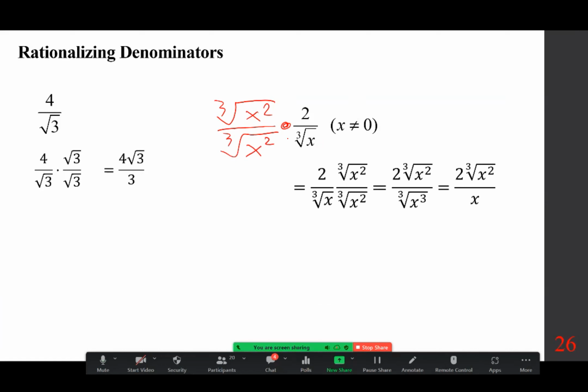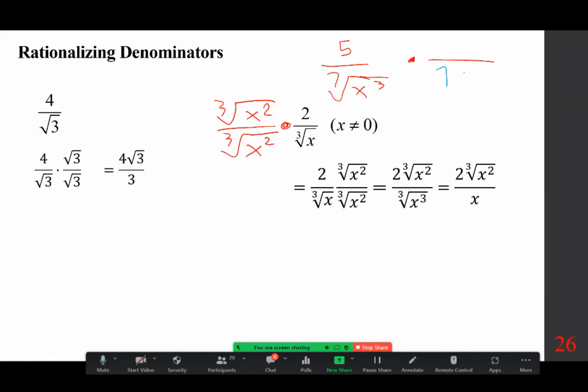Okay. I'm not going to do this, but I'm going to show you something. If I have, let's say, 5 over, I don't know, 7th root of x cubed, what do you need to multiply it by? I want you to see that.